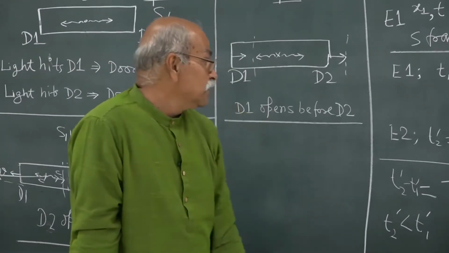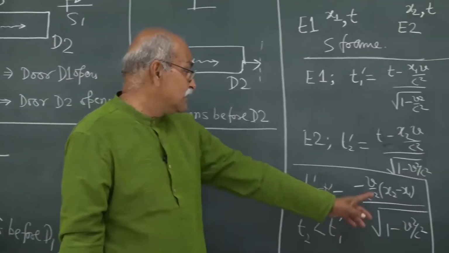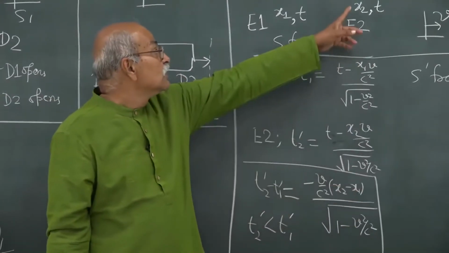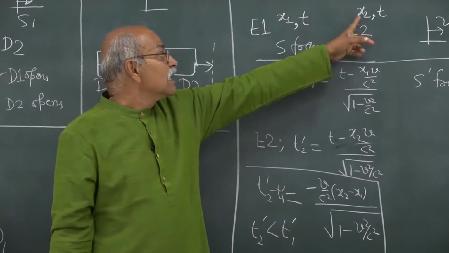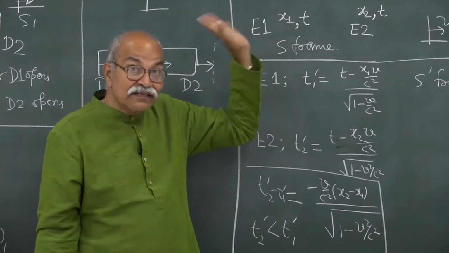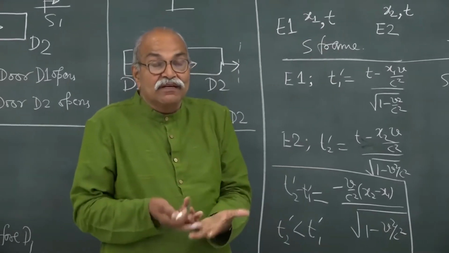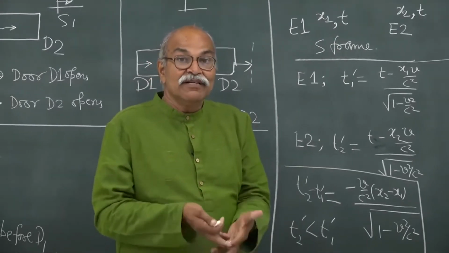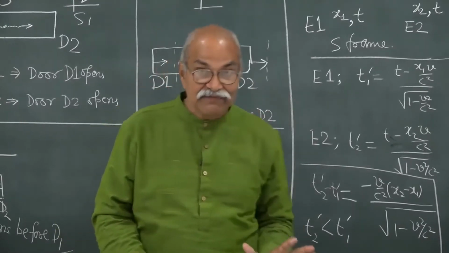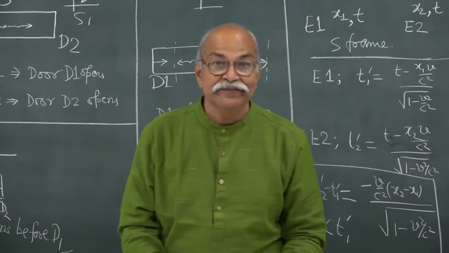But then suppose x2 minus x1 is 0, x2 and x1 are same position. In that case, if two events are occurring there itself and they are simultaneous, they will remain simultaneous. So, this is about relativity of simultaneity.